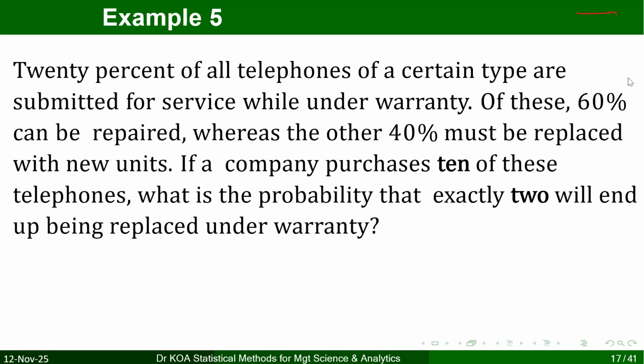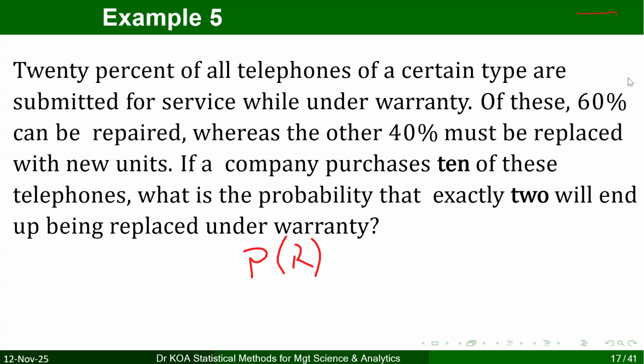So let's say that this is the probability that a phone is going to be replaced. But now the R alone is signifying replacement of the phone. So you are submitting the phone for service and because it needs to be replaced. So the P of R is the probability that the phone is going to be replaced.